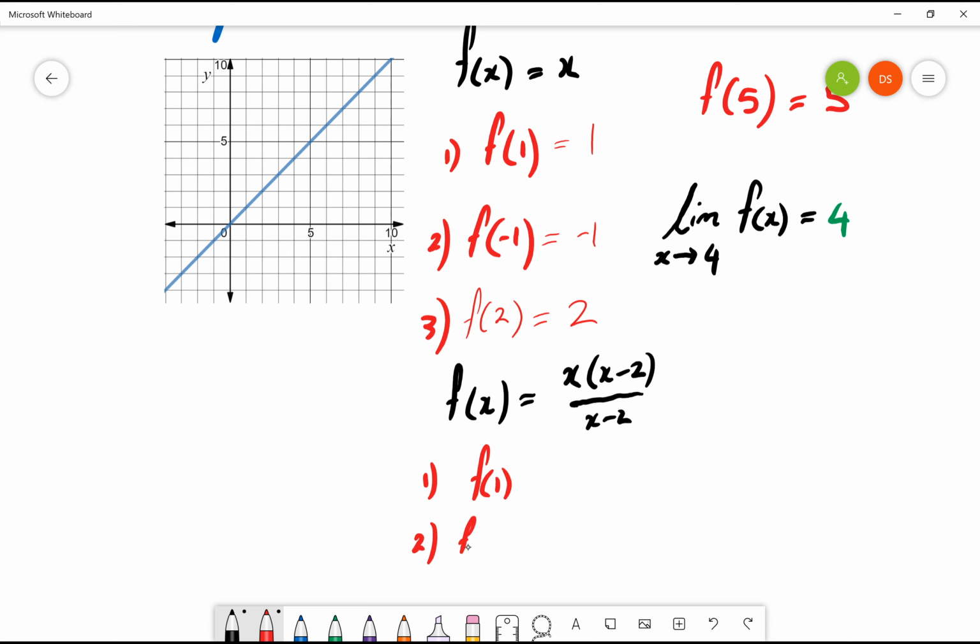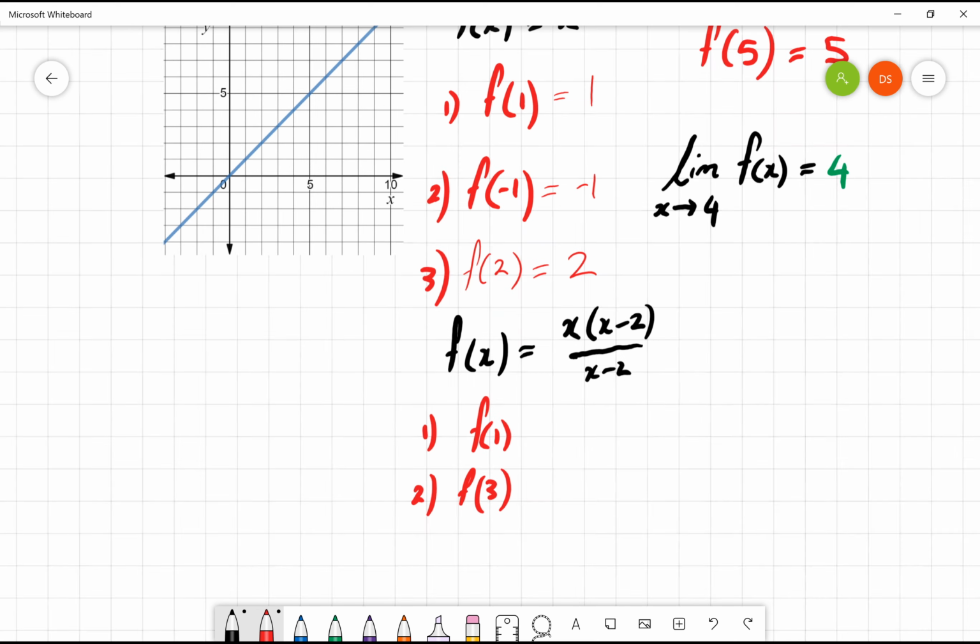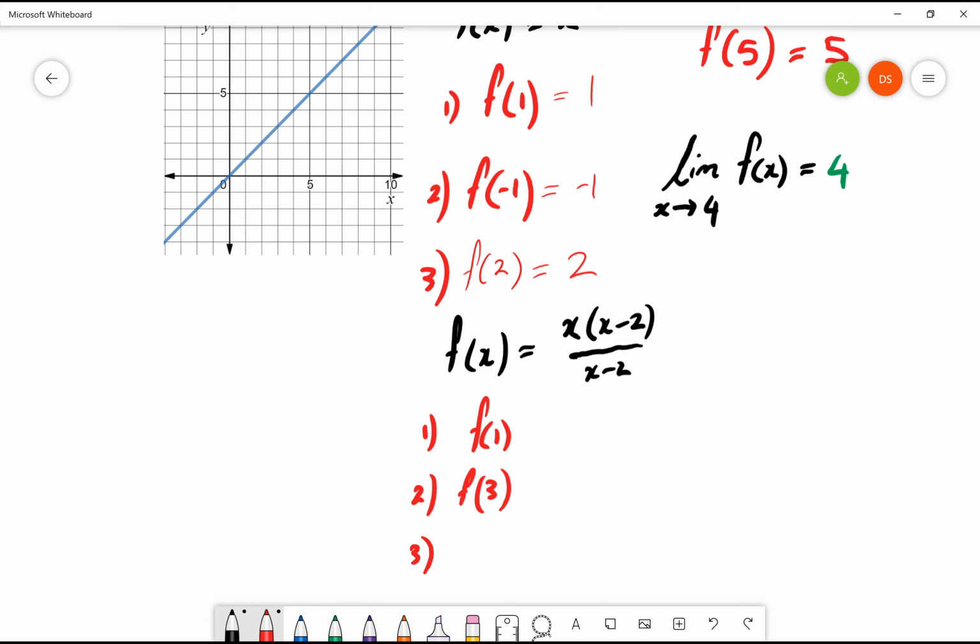What's f of 3? What's f of negative 1? Can you tell me?